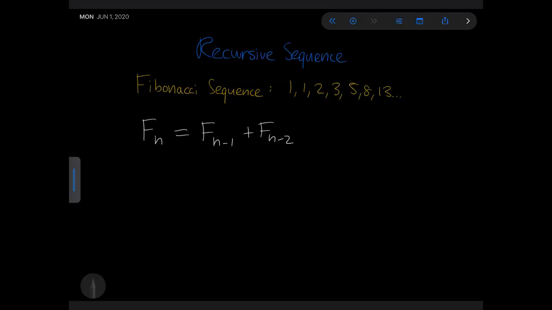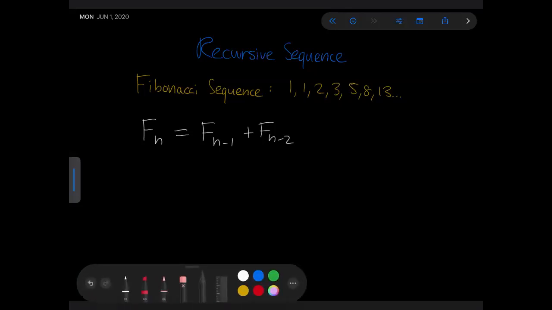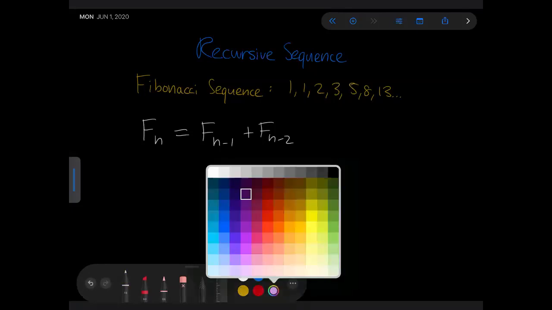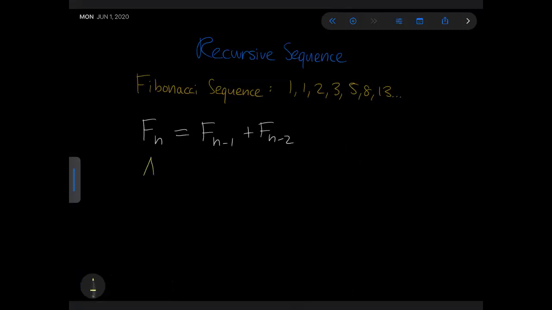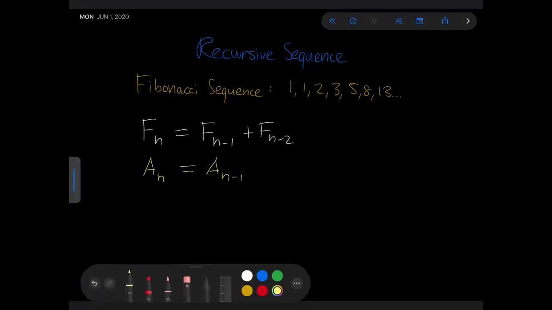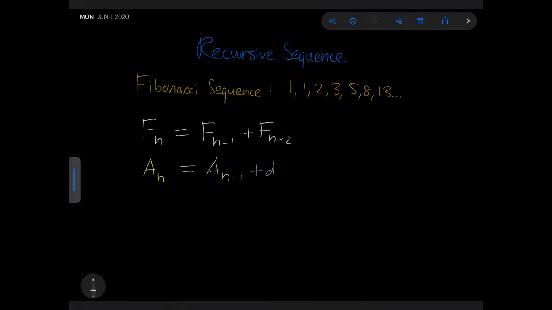If you think about it, we can express arithmetic and geometric sequences under recursive sequences. How so? For arithmetic sequences, a sub n, our nth term, is equal to our previous term plus d, our common difference.